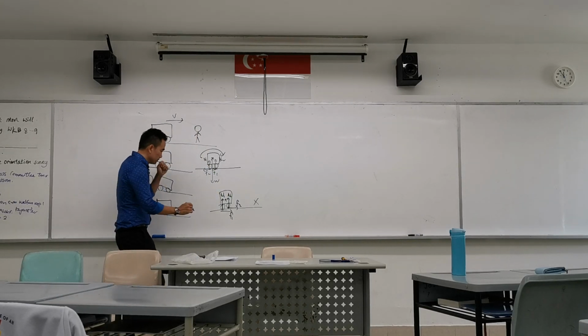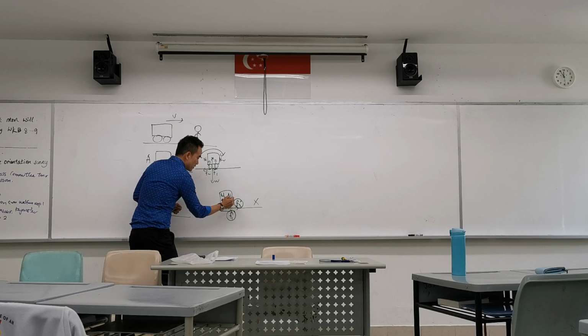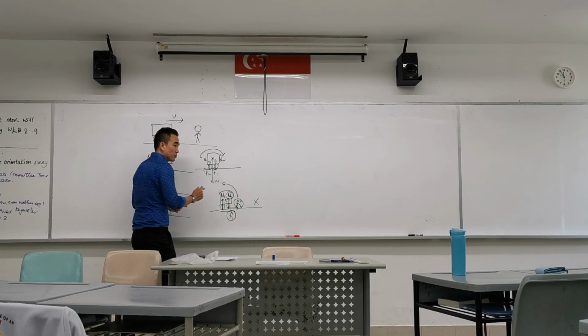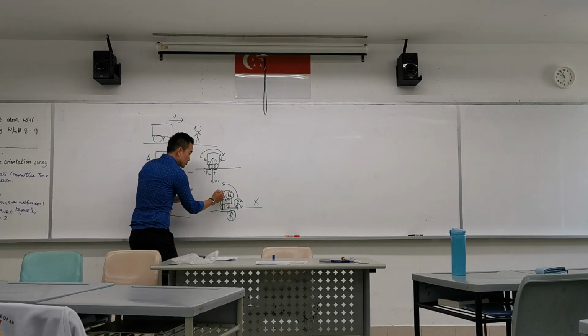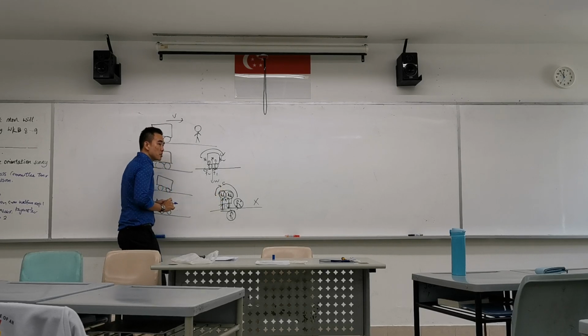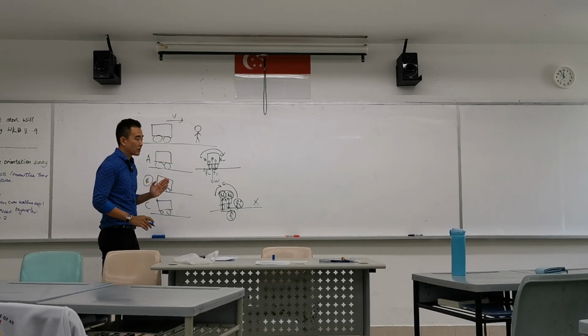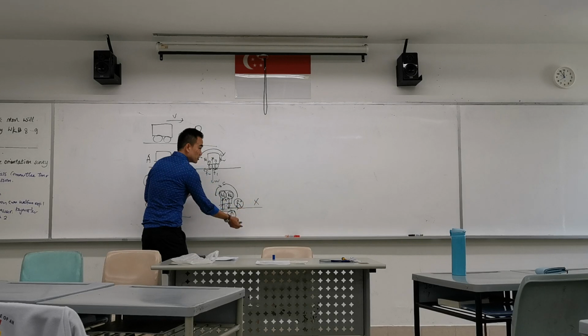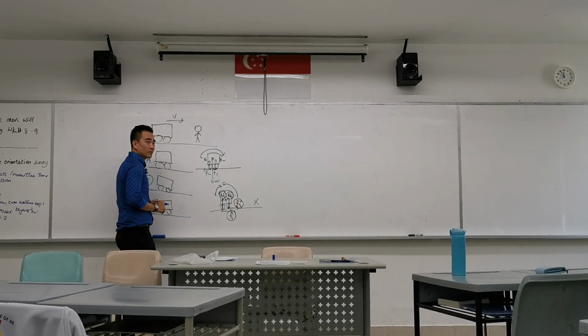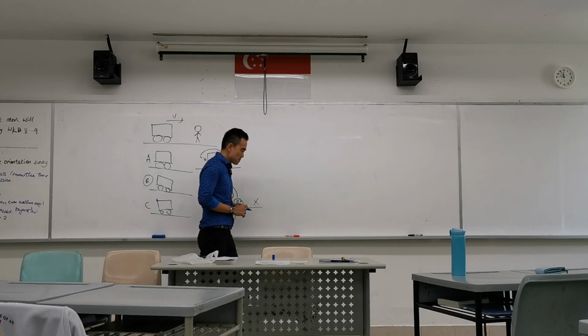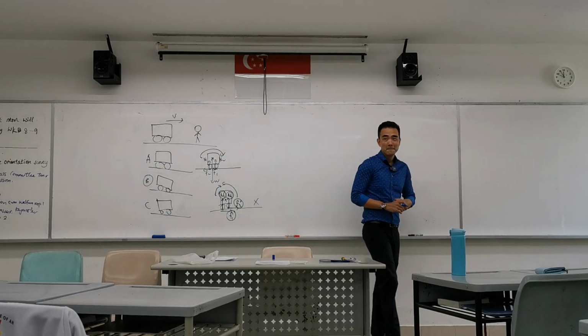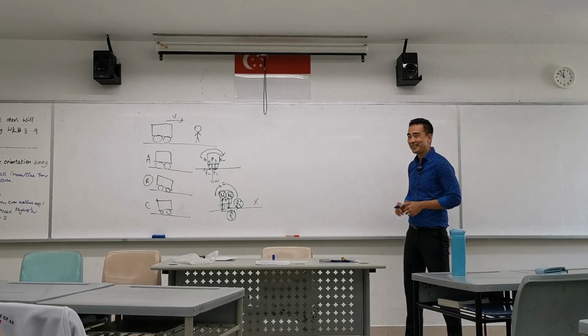Now, these forces all cause the car to go this way, whereas this force over here causes the car to go this way. So if the car were to go too fast, where do you think the car will flip? Towards the right or towards the left?